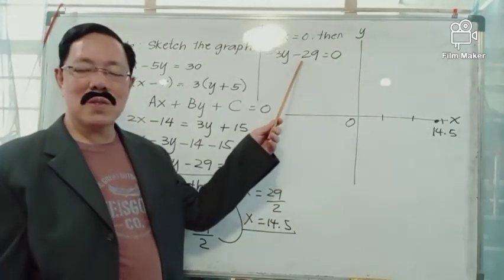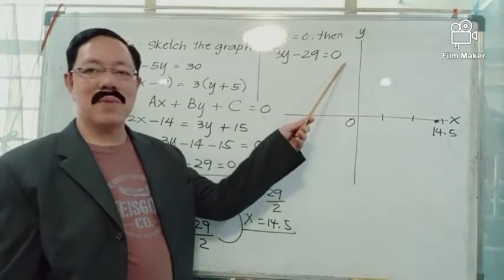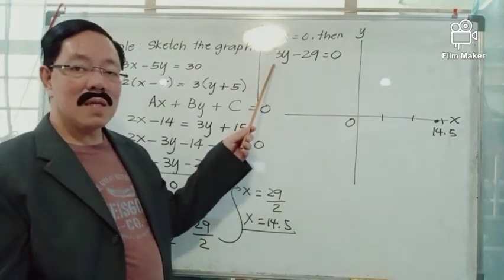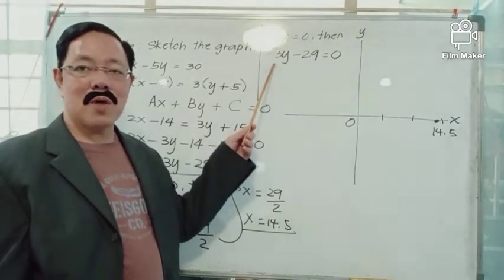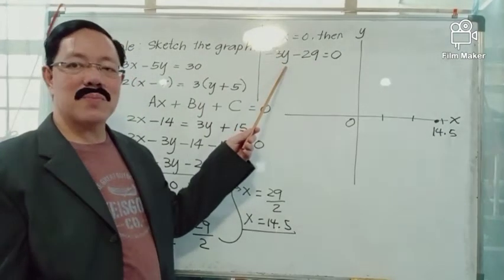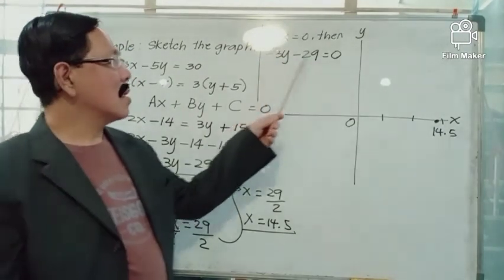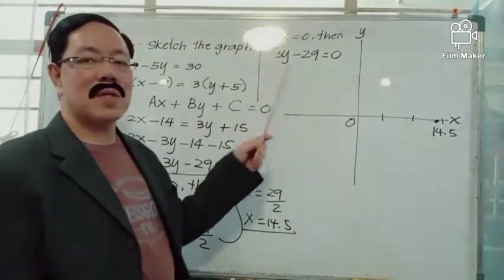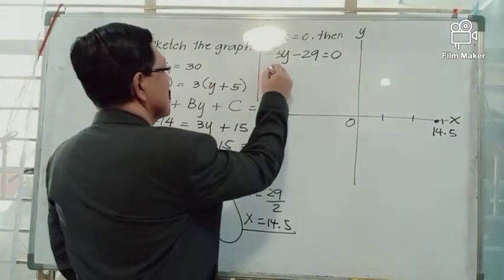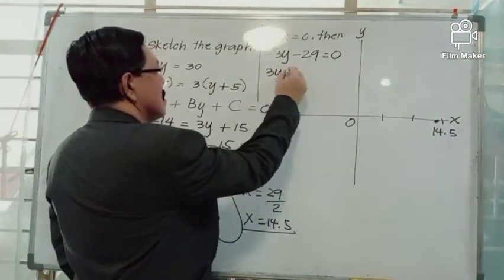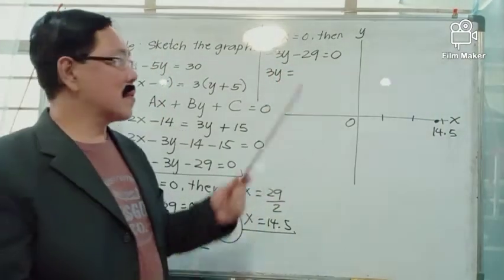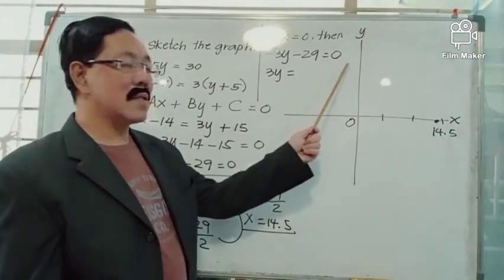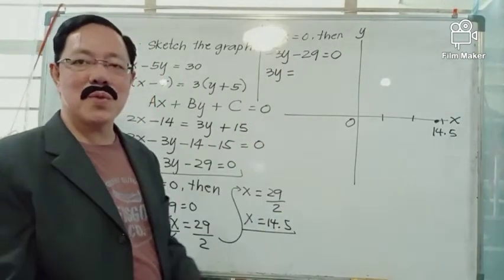So when you transpose negative 29 to the right, it becomes positive 29. But the easier way, if you want a positive coefficient for y, is to transpose negative 3y to the right hand side, and it becomes positive 3y. Positive 3y equals negative 29.